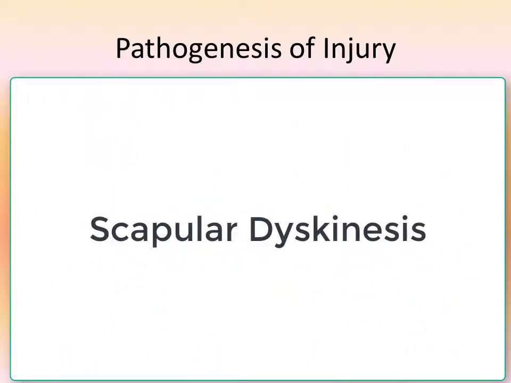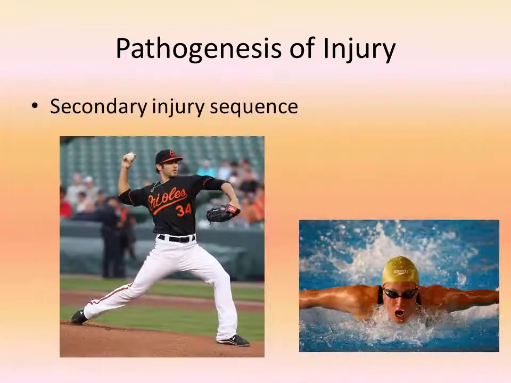Scapular dyskinesis occurs as a neuromuscular adaptation to the overhand throw and/or in conjunction with GIRD. Remember, scapular dyskinesis is an increased protraction with an anterior tilt of the scapula. So during external rotation, with that increased protraction and anterior tilt, you will have an increased strain on the glenohumeral ligaments.